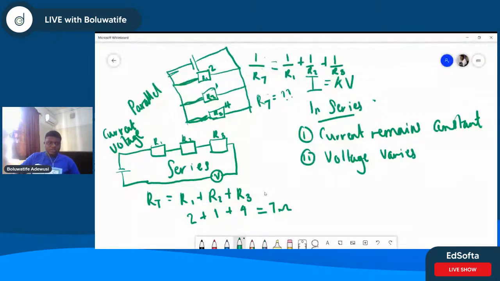But voltage has to do what? Potential difference. So now the voltage across this resistance and this resistance will be different. When current flows through here, and when it gets here, it will be different. And when it gets here also, it will be different. Do you understand? It will be different. But for parallel, the reverse happens.